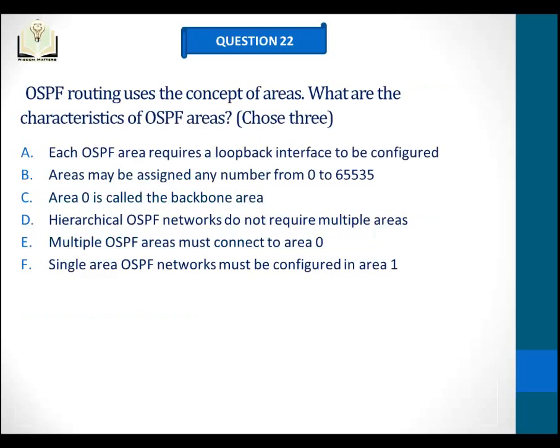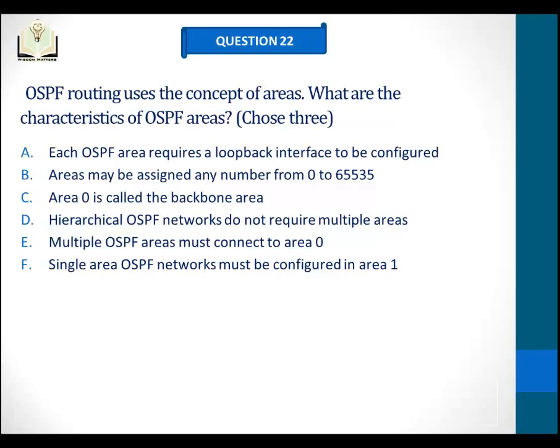Question number 22. OSPF routing uses the concept of areas. What are the characteristics of OSPF areas? Choose 3. A, each OSPF area requires a loopback interface to be configured. B, areas may be assigned any number from 0 to 65535. C, area 0 is called the backbone area.